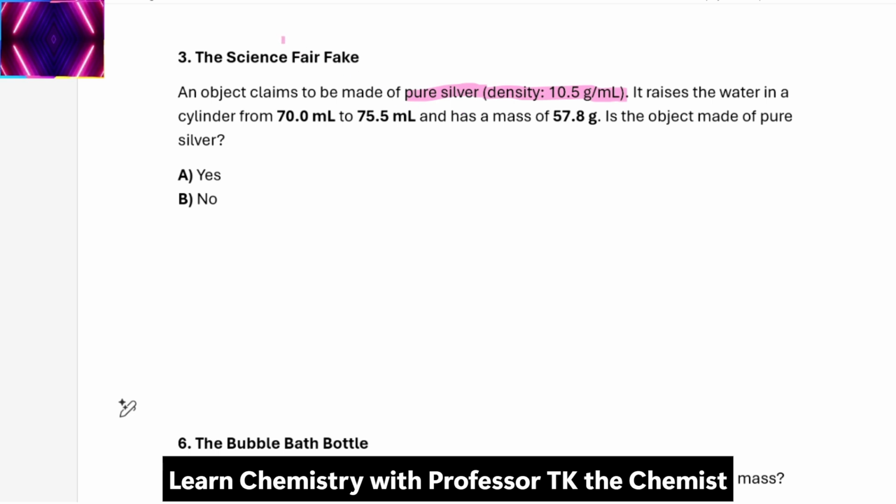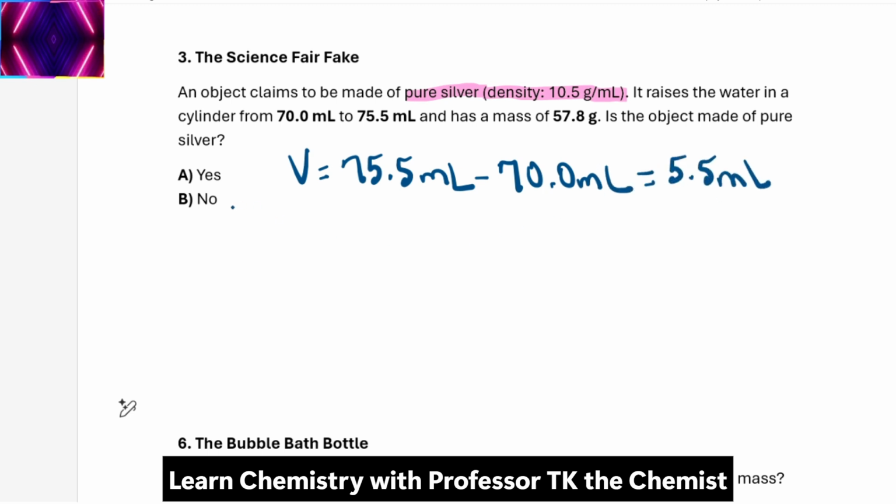If it raises the water in a cylinder from 70.0 milliliters to 75.5 milliliters, and it has a mass of 57.8 grams, is the object made of pure silver? So what you have to do is say D equals M over V.